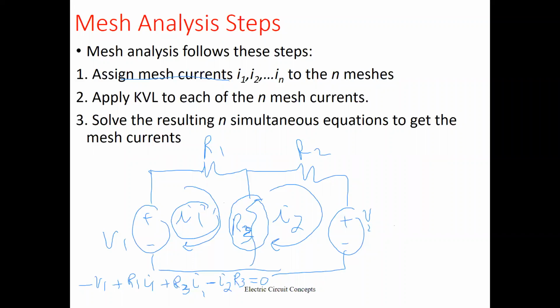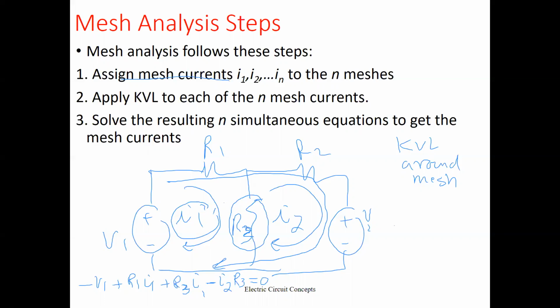Now, if we apply KVL around loop 2, around the mesh, again, this is a loop and at the same time a mesh. But we don't use this loop to solve for the mesh analysis. We only use the meshes to analyze the circuit.